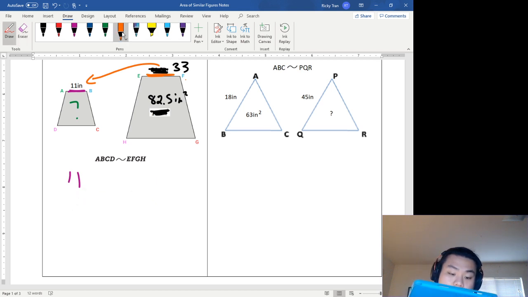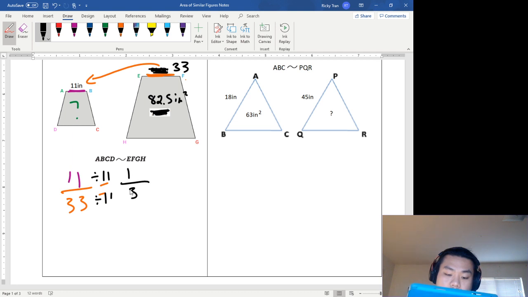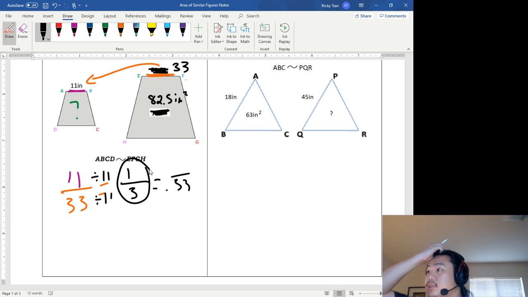Should be over 33, which should give us 1 over 3, because divide by 11. 1 over 3, which is 0.33 repeating, or we're actually just going to use 1/3 because it's much easier.